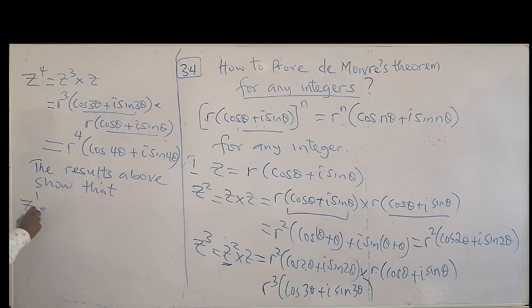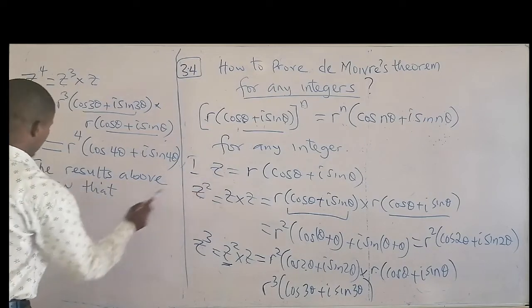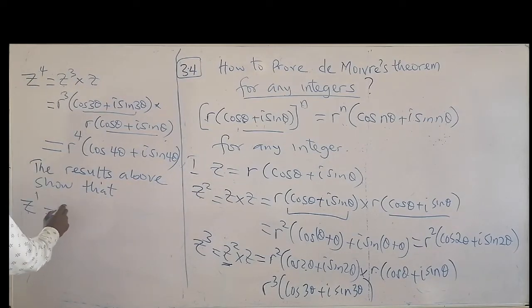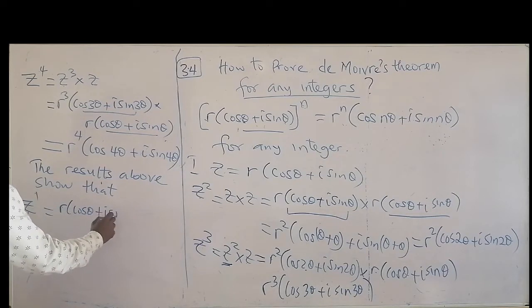The results above show that z to the power 1 is equal to r(cos theta plus i sin theta).